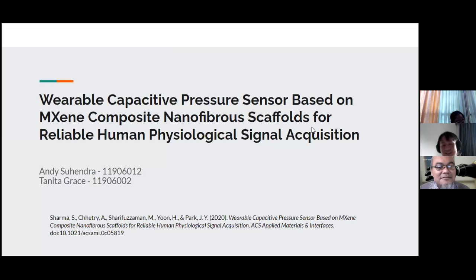Today, Tanita and I will present to you about a wearable capacitive pressure sensor based on MXene composite nanofibrous scaffolds for reliable human physiological signal acquisition. This is the citation based on this journal.